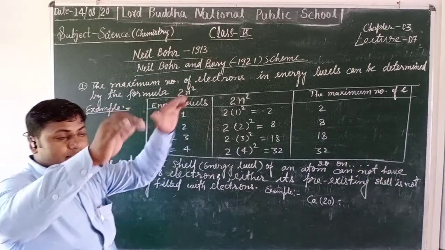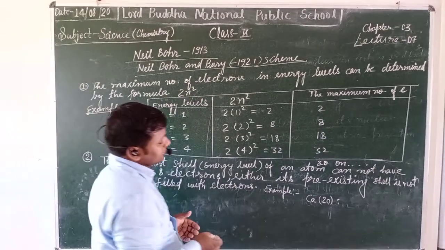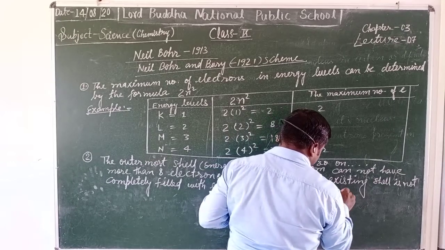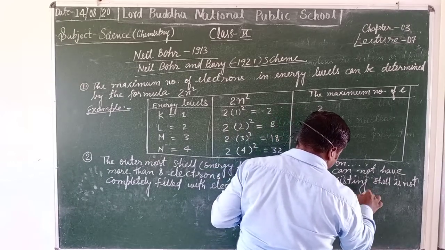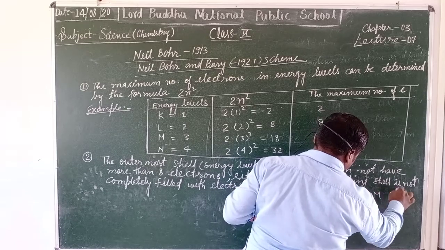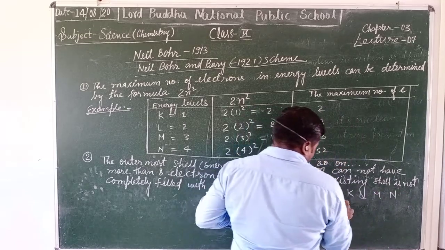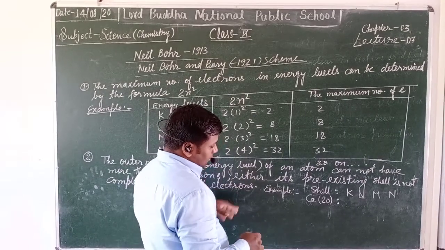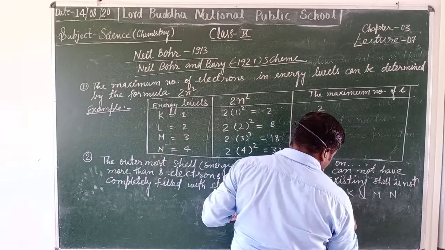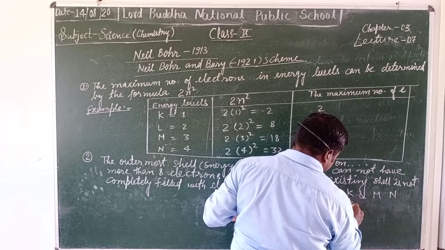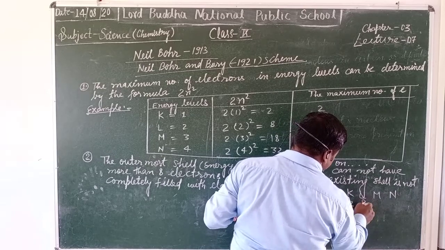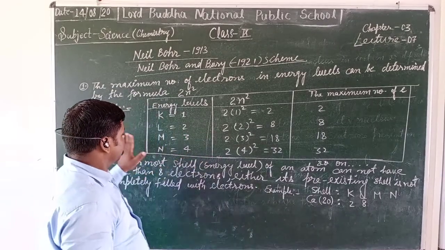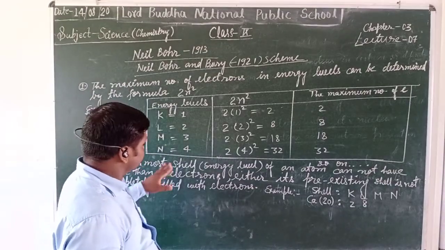It means the distribution of electrons. Now here I take the cells K, L, M, N. Then according to this scheme, the maximum number of electrons in the K cell is 2, and in the L cell is 8, as given in this first scheme.